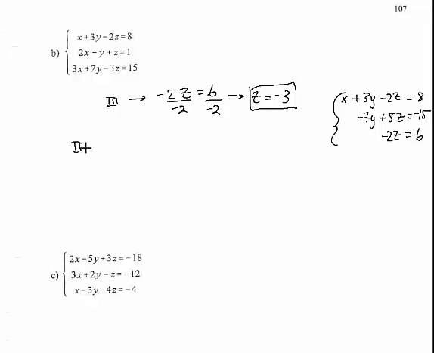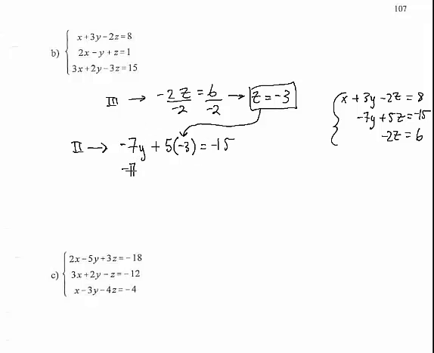Now I take my second equation, negative 7y plus 5z, and I insert the number that I found for z, negative 3, and that equals negative 15.